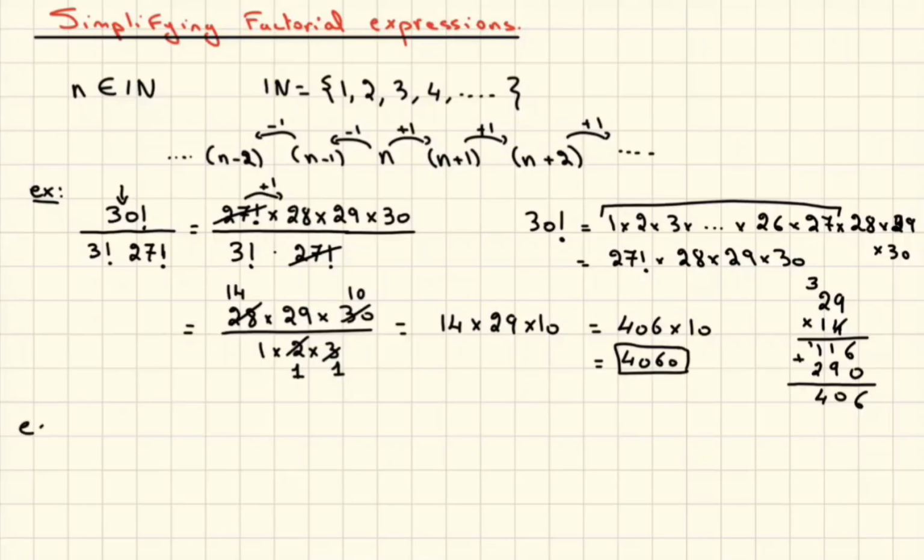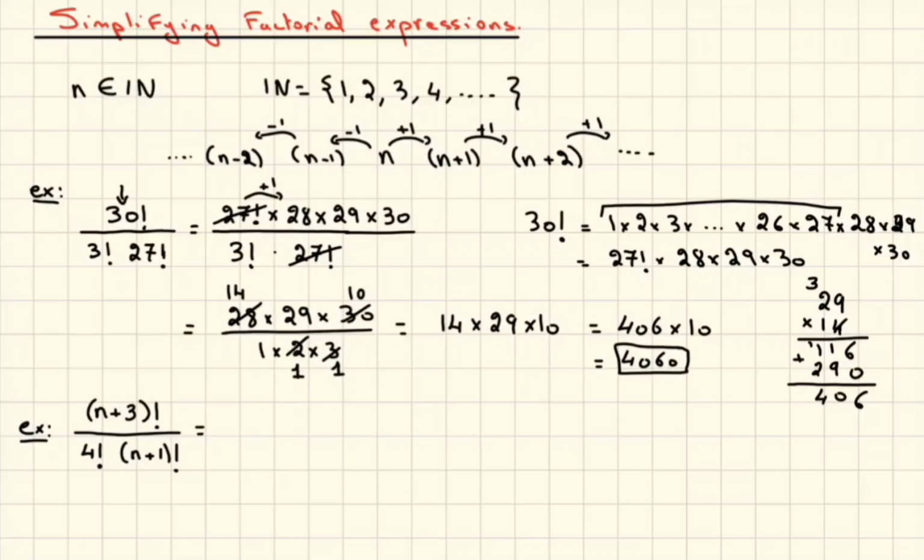Now, a different example. If you're asked to do the following: n plus 3 factorial divided by 4 factorial multiplied by n plus 1 factorial.